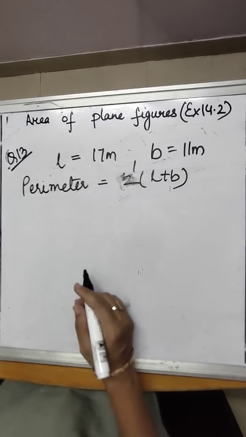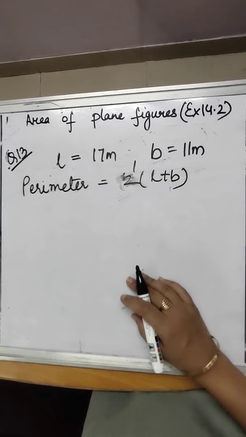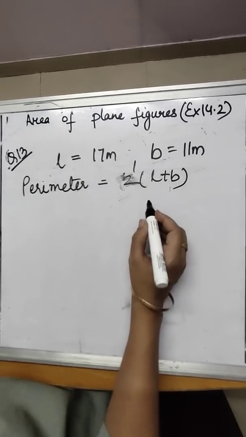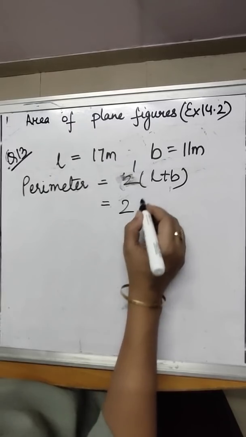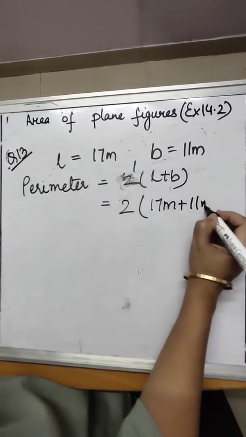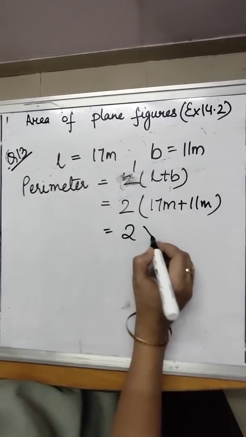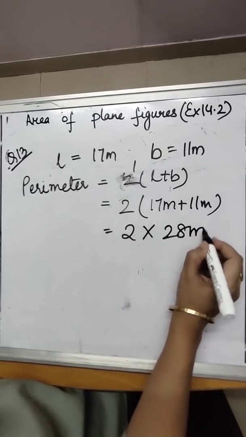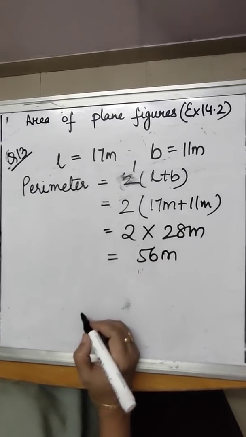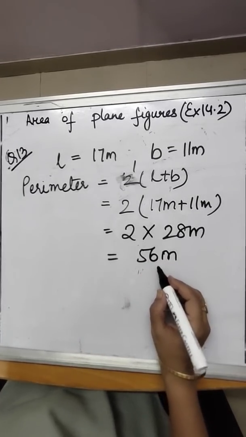And what they are saying that the perimeter of the square and the perimeter of the rectangle is same. So whatever is the value, this 17 plus 11 meter, so it will be 28 meter and it will be 56 meter. So the perimeter of the rectangle is 56 meter.